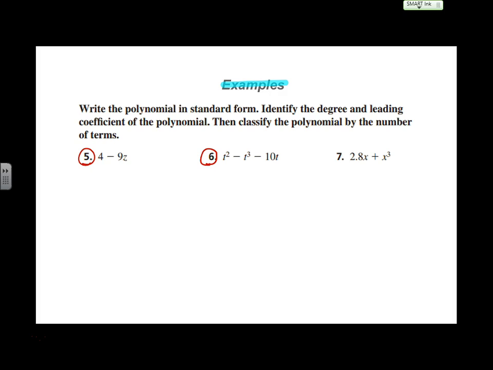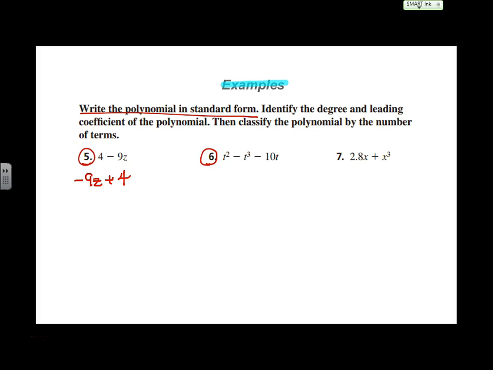The 4 should go last. Now what sign was in front of the 4? A positive. So there needs to be a plus. The negative 9z is going to go first, but what sign was before it? Negative. Negative 9z plus 4. Now we're just following the first direction of writing the polynomial in standard form.